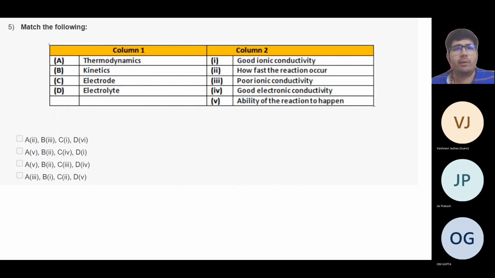Electrolyte: option 1, good ionic conductivity, because there should be no flow of electrons through the electrolyte, only ions should flow. So the electrolyte should have good ionic conductivity and zero electronic conductivity. So it seems option B is correct.